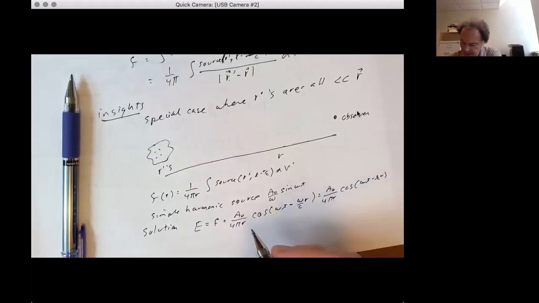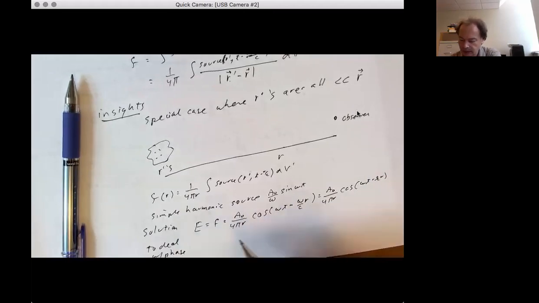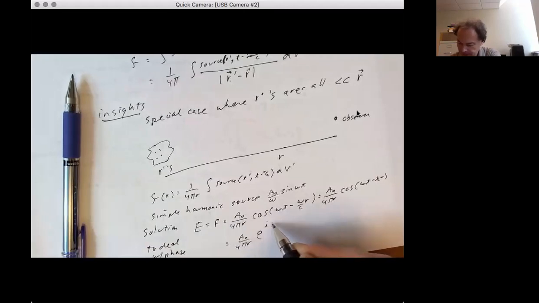Or sometimes, to make dealing with phase easier, you'll write it as a naught over 4 pi r e to the i omega t minus kr, which is of course a spherical wave.